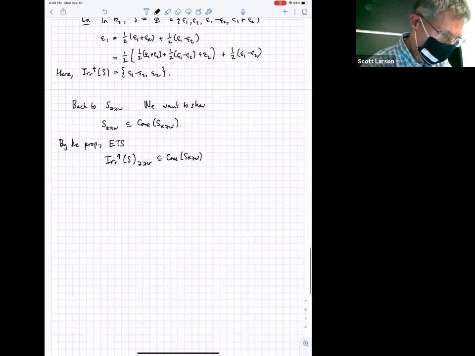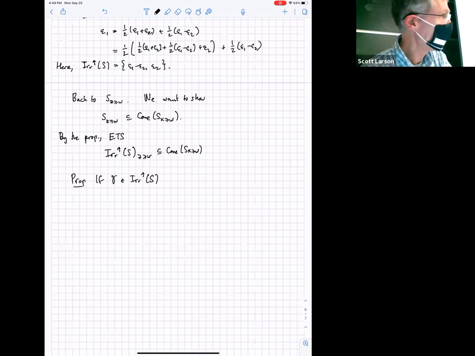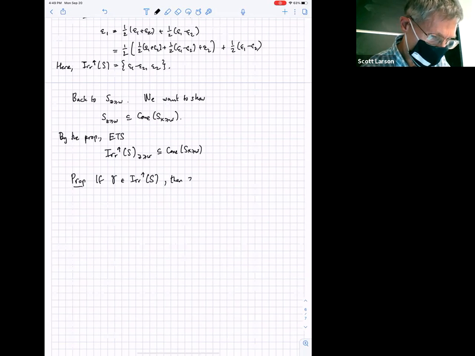But then it turns out, through some sort of miracle, that the following proposition holds: if gamma is an irreducible element of S, then the weight z of gamma is actually equal to the weight x of gamma.